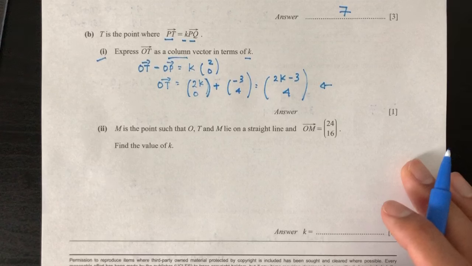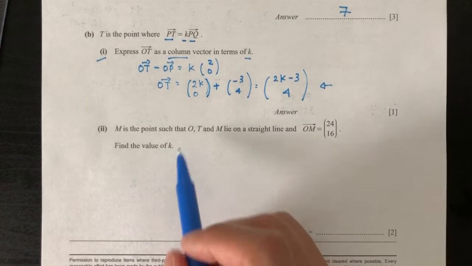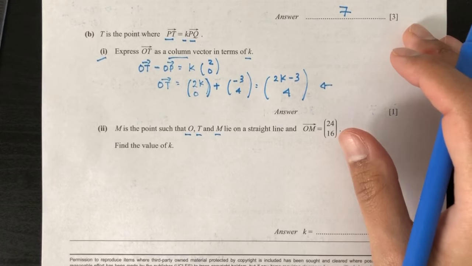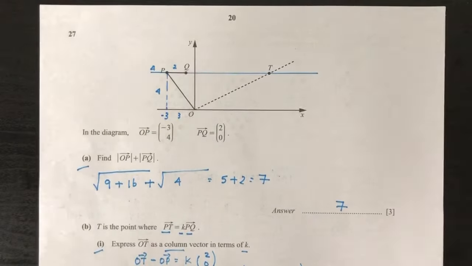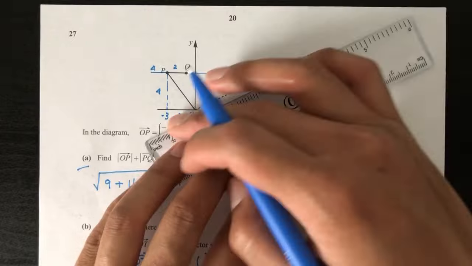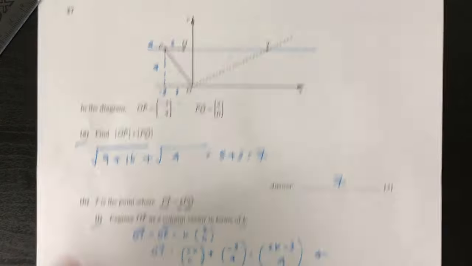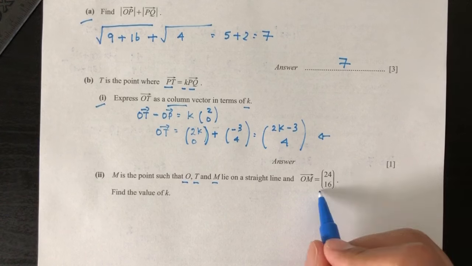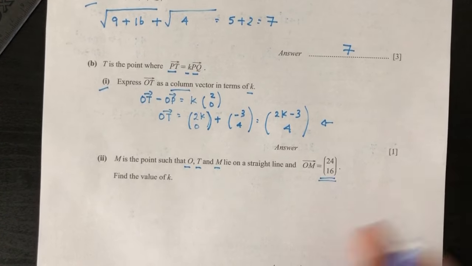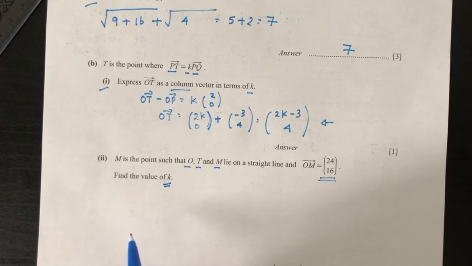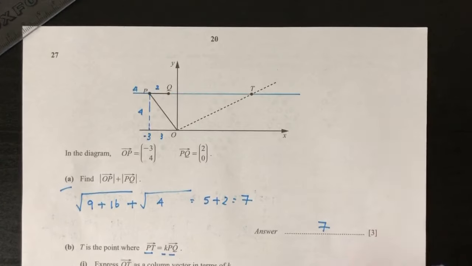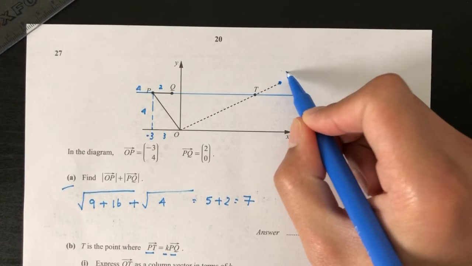Now part 2, we have M is a point such that OTM lie on the straight line. So we have the line here, but we don't know where the point M is, right? But we know that OM is given to you by this. We have to find the value of K. So we have to form an equation for that as well. Let's say M is here, for example.